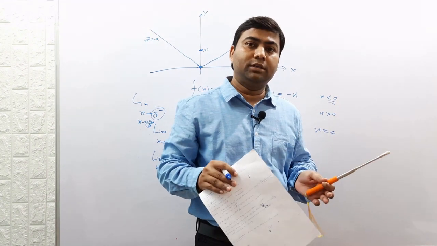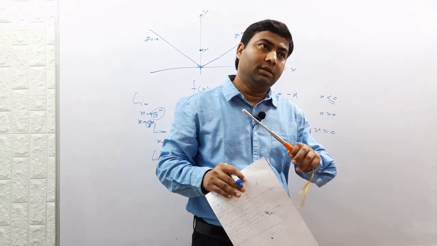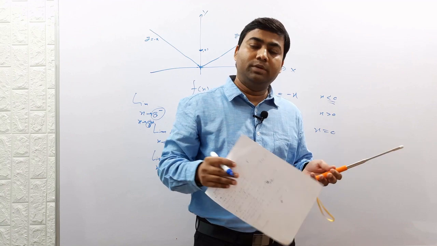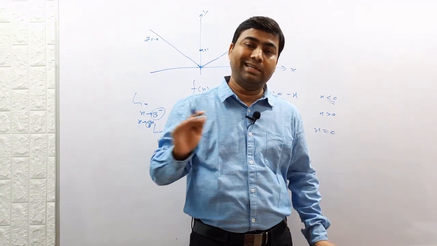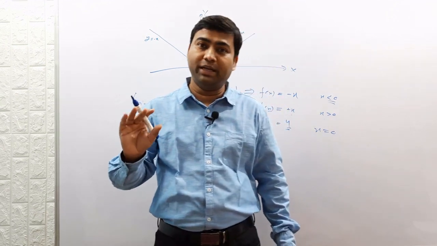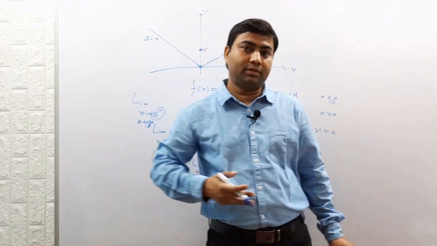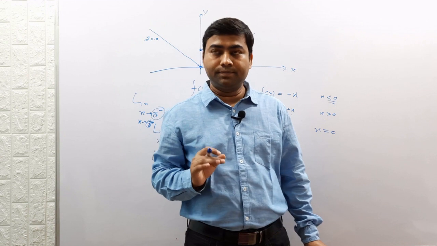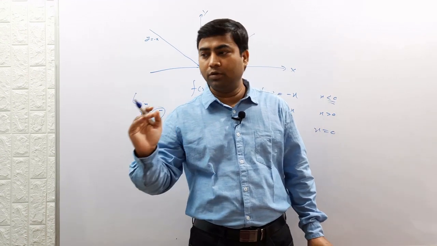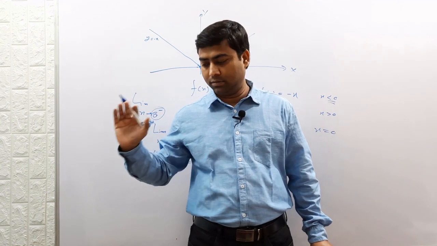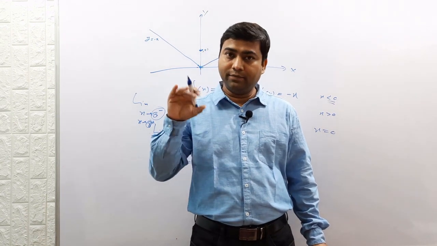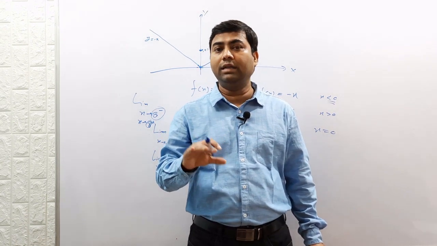I think you might have understood what continuity is. It can be understood from its name. Continuity means continuous. It has to be continuous, without break, without jumps at a certain point. If the function is continuous at a certain point, that means its right hand limit, left hand limit and value of the function, all three are equal.